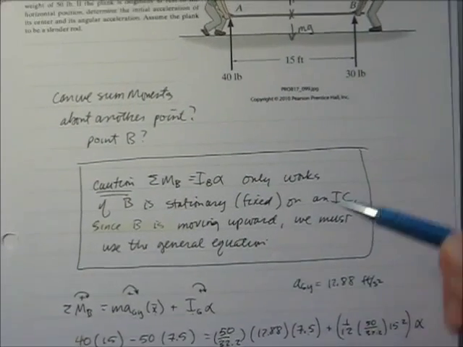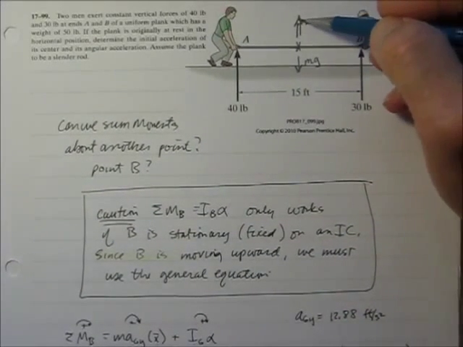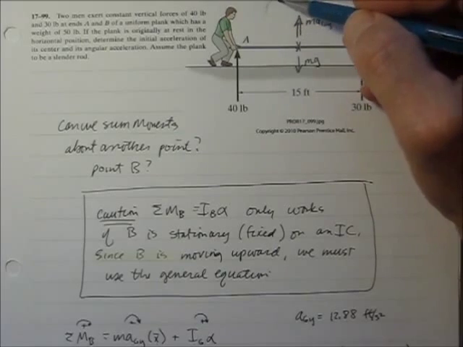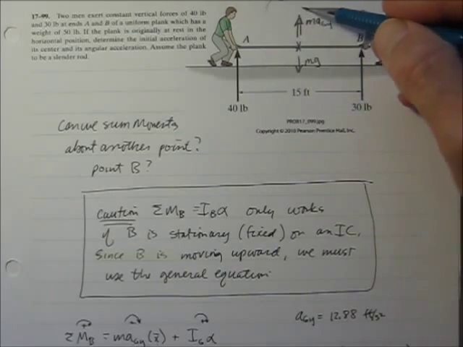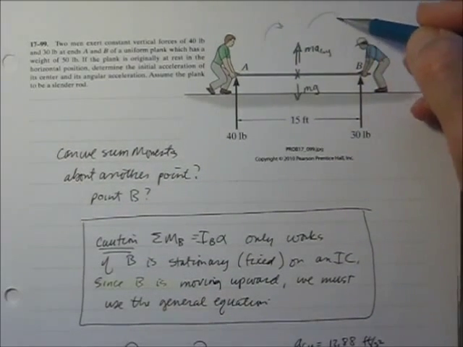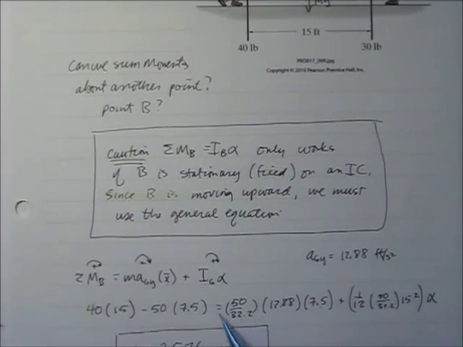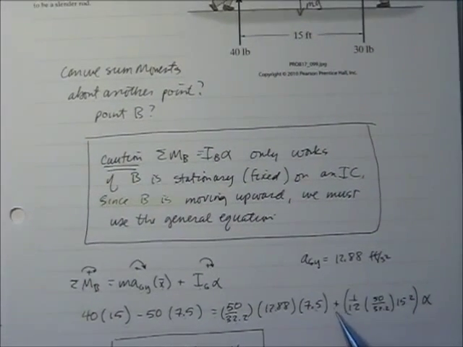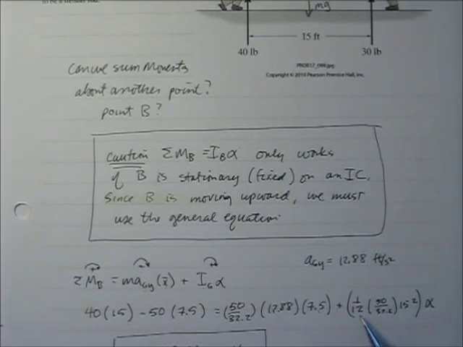Now again, that is positive because I called this positive direction, and so that'll be a positive rotation for my mass times acceleration vector. Plus Ig alpha is my second term, so Ig is 1/12 m L squared, and I can solve for alpha is equal to 2.576 radians per second squared.